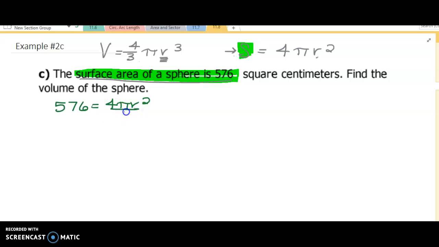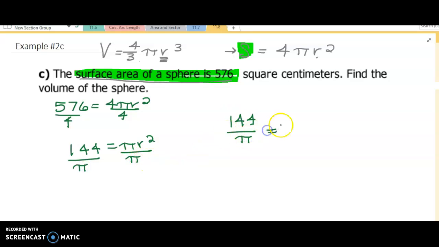Okay, so the first thing I'm going to do is divide by 4. 576 divided by 4 gives me 144 equals pi r squared. Divide by pi, divide by pi. I get 144 over pi equals r squared. To undo a square, you square root it.